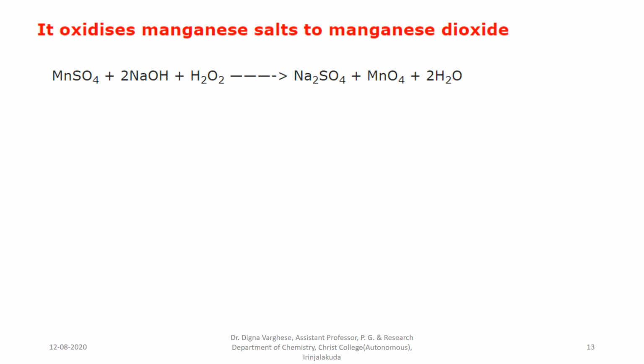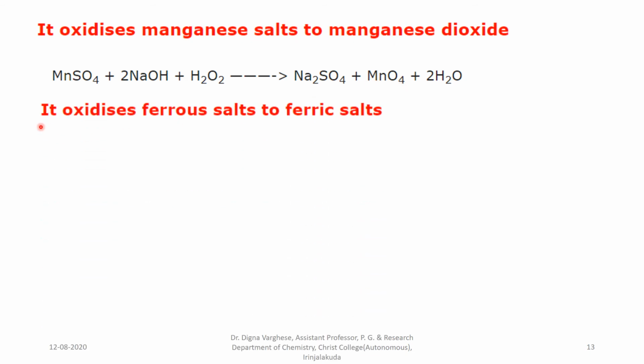It oxidizes manganese salts to manganese dioxide. That is, in basic solution, manganese sulfate is converted into manganese dioxide. In that, manganese is in the +2 oxidation state. Here manganese is in the +4 oxidation state.